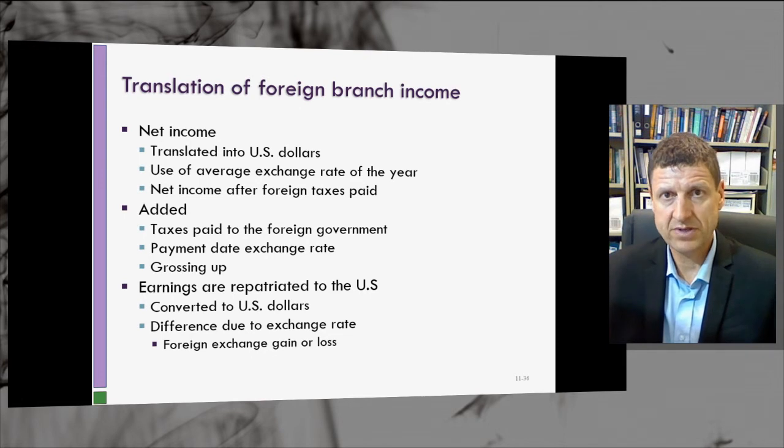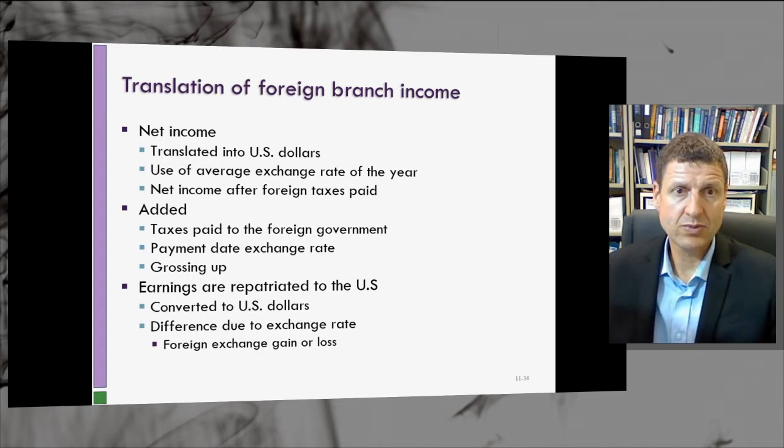We still have to translate from a foreign exchange rate into the US currency. And so that's what this is about, translation of the foreign branch income. It's going to be translated into US dollars.